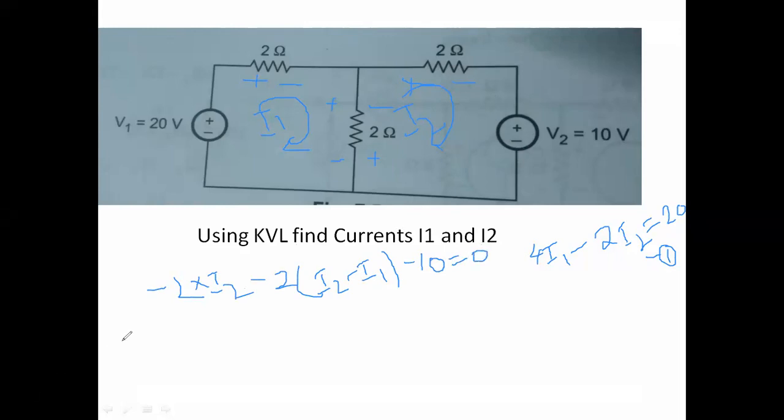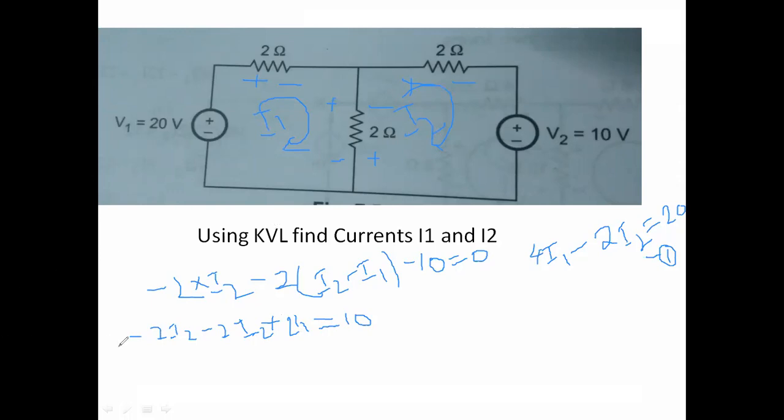Now separate: minus 2I2, minus 2I2, again it is minus 2I2, minus in minus plus 2I1. Minus 10 comes to this side, it becomes plus 10.